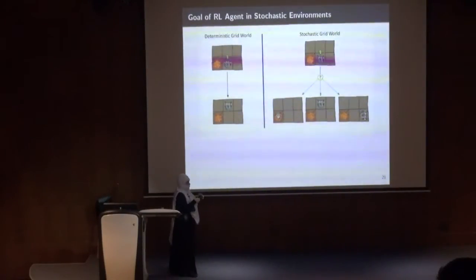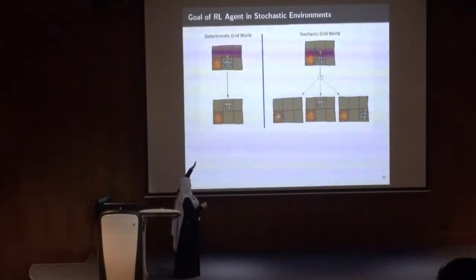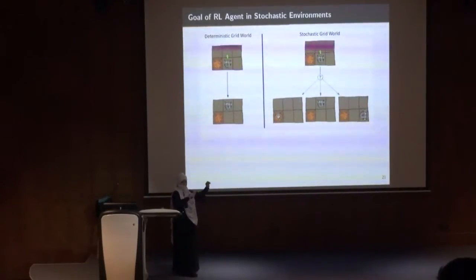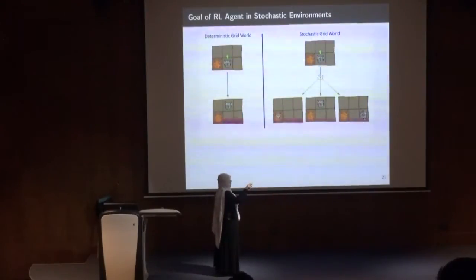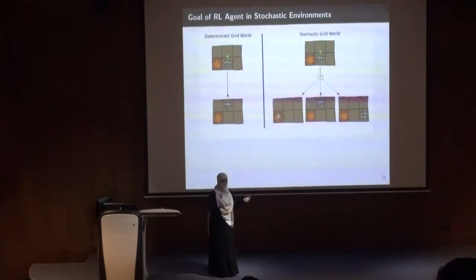Now to the stochasticity that we talked about. In a deterministic environment, if I say go up, then the agent will 100% go up. In a stochastic environment, if I say go up, the agent has a probability of just going up, another probability of going to the left, and a probability of going to the right.